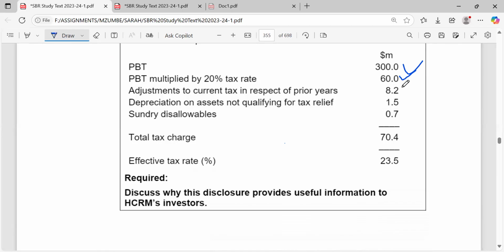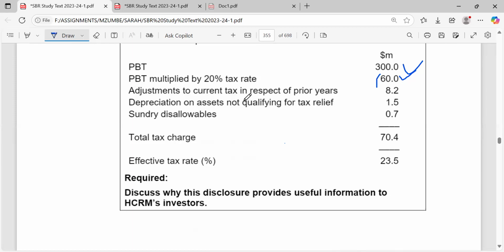Let's say they've just said this one, 8.2. They haven't mentioned whether it's an over or under provision, right? If it's an under provision, it should increase this tax rate. If it's an over provision, it should not increase. This seems to have increased, so this one is an under provision, right? Yes. So simply speaking, we have this one.